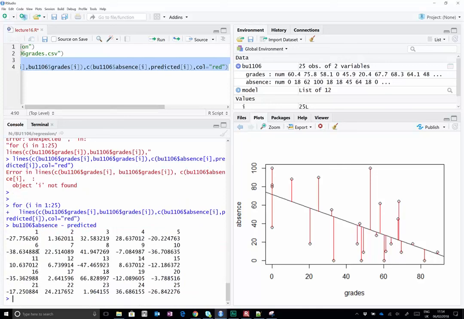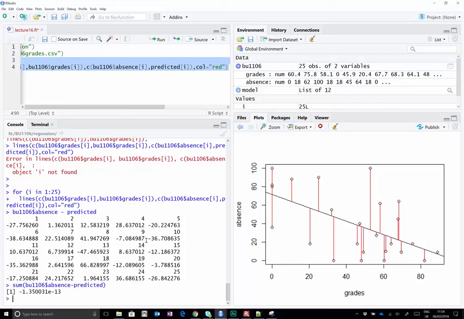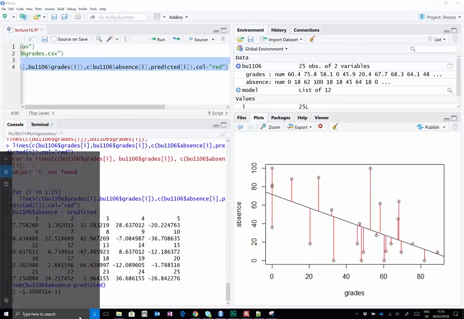So these are basically the length of all the red lines, and if I add them all up, absence minus predicted. Yeah, the number is very small. Yeah, E minus 13 basically means, yeah, let's do a calculator.